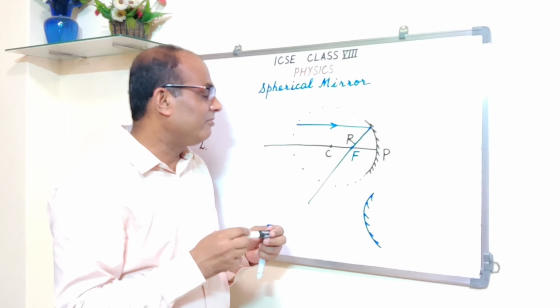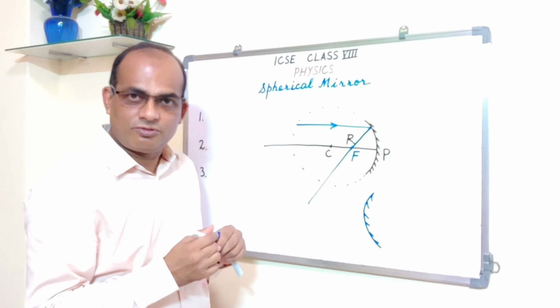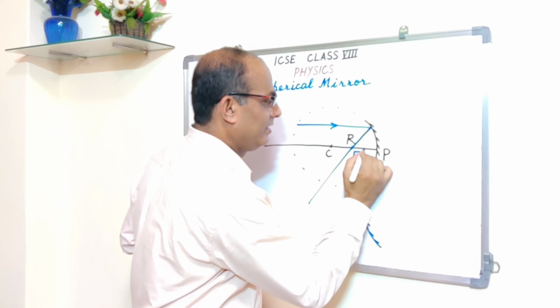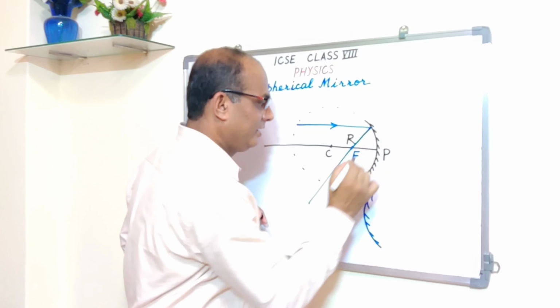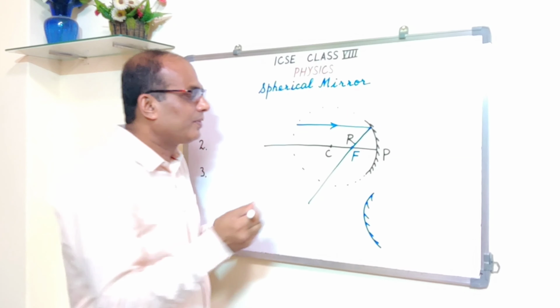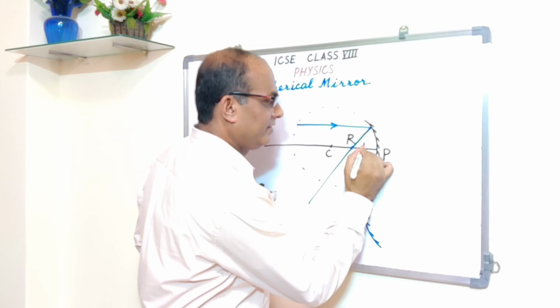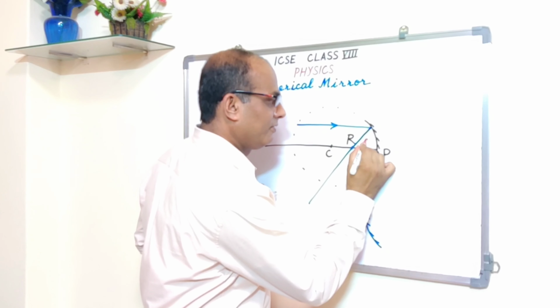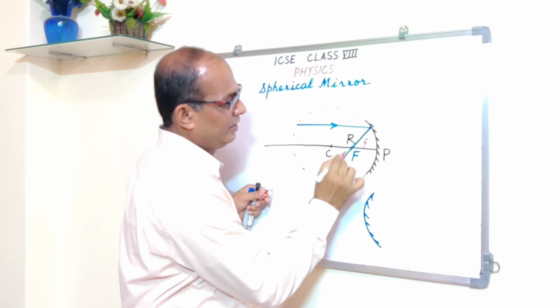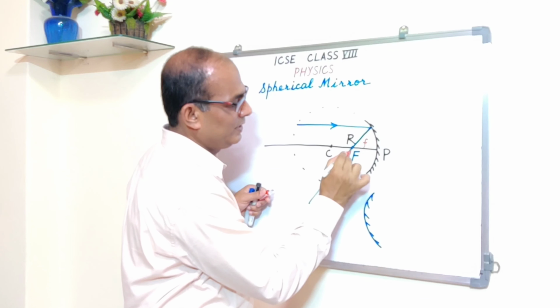These letters in physics are important. Capital, small, they are important, right? So this PF is f. Let me use the red color. This is f, small f, from P to F.